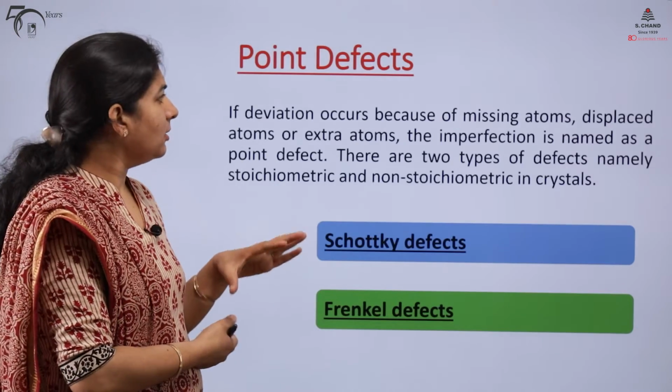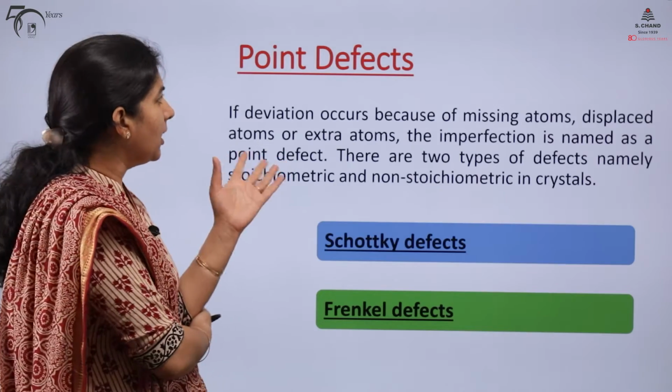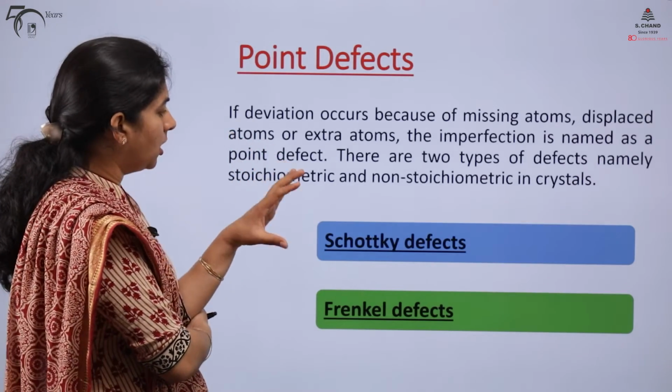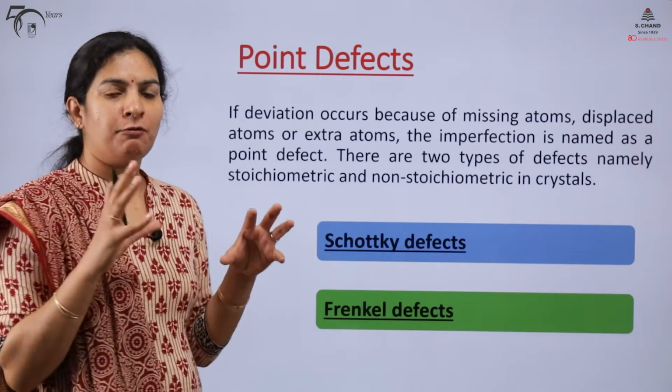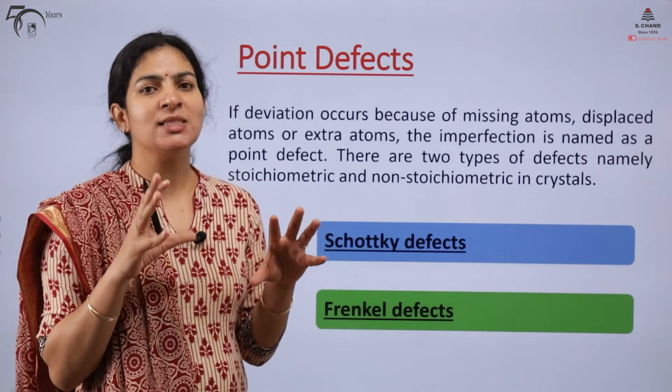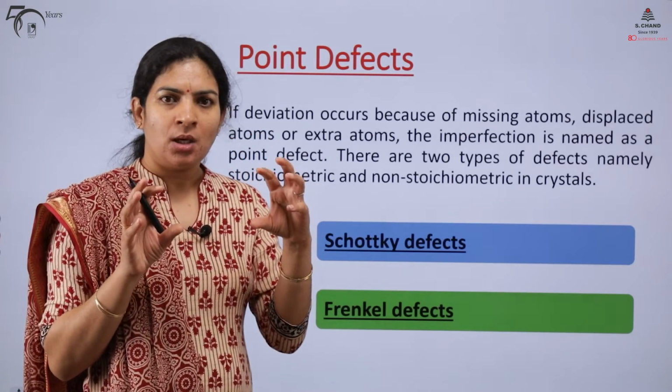To understand the kind of defects that we observe in solids, we can define two different types of defects. So point defects are there. Point defects mean atoms or molecules are displaced from their positions, right?